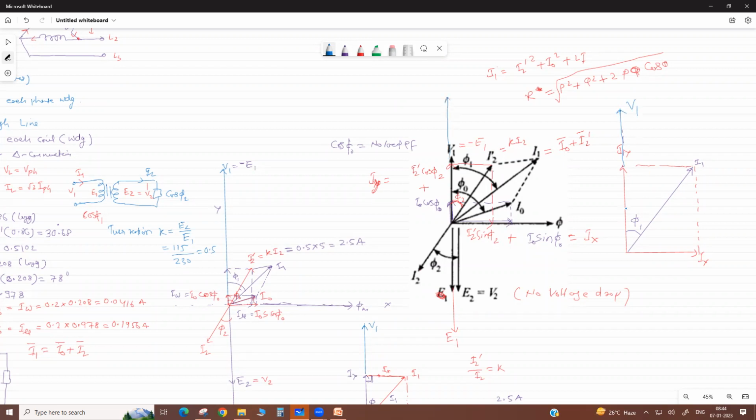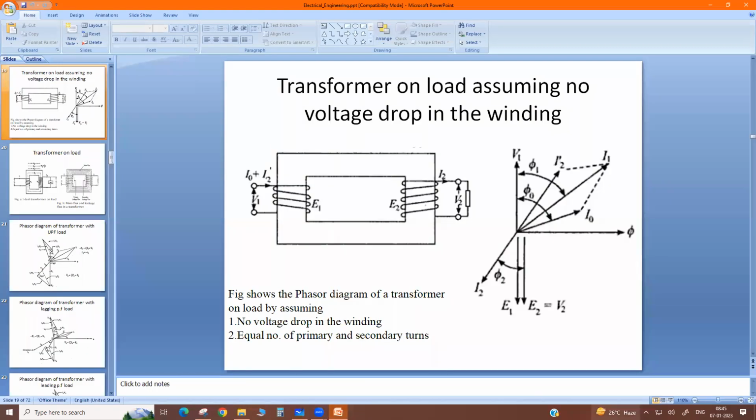This is your primary power factor angle. So we can calculate cos phi 1 and I1. That will give you the primary power factor and primary current. This is what we do as a revision. Correct? Got it? Yes, sir.